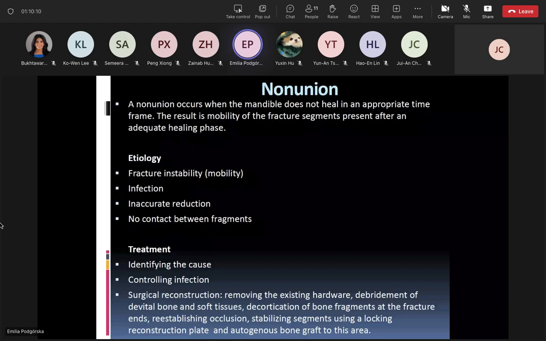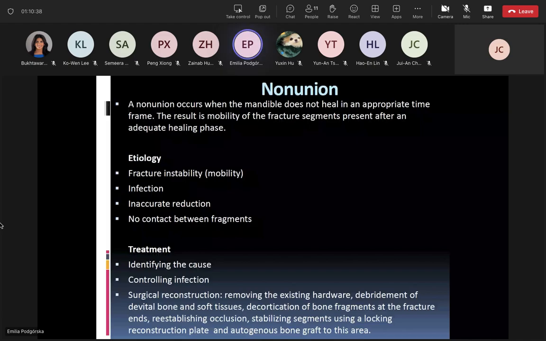Treatment: identifying the cause, controlling infection, surgical reconstruction, removing hardware, debridement of necrotic bone and soft tissues, reduction of bone fragments and the fracture ends by establishing occlusion, stabilizing segments using a locking reconstruction plate and autogenous bone graft in this area.